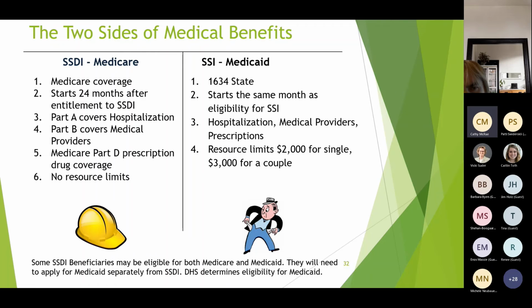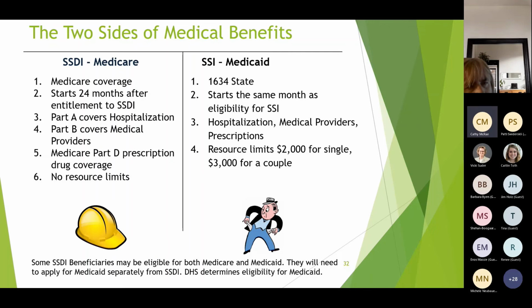There are no resource limits with Medicare, no asset limits. SSI comes with Medicaid. It starts the same month as your eligibility for SSI. It covers hospitalization, medical providers, prescription. There is an asset limit, again, just like with SSI, $2,000 for a single person, $3,000 for a couple.